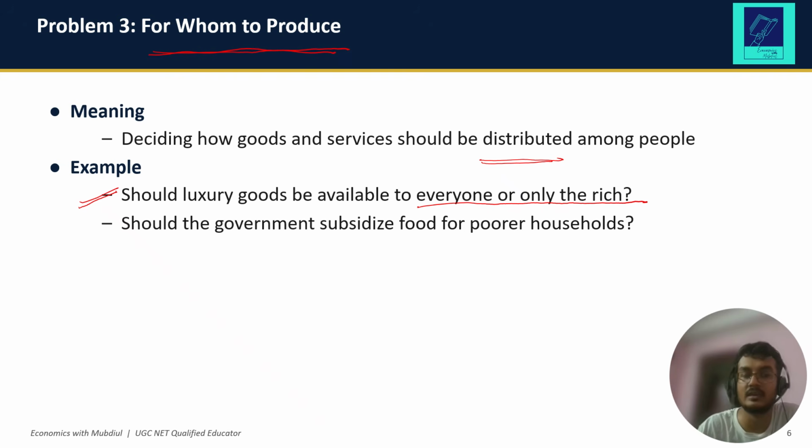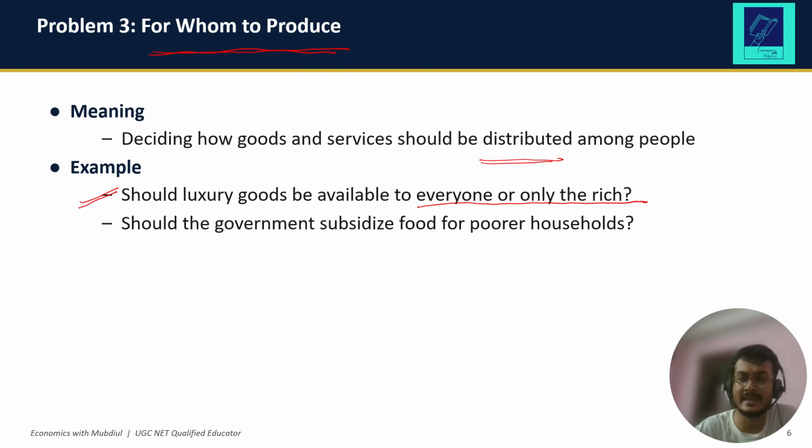Usually, no. In a market economy, people with higher incomes can generally buy more luxury goods because they have greater purchasing power. This brings us back to our question. Should the market alone decide who gets luxury goods, or should government intervene in some way? Different economic systems answer this question differently, which we will discuss in the next slide.